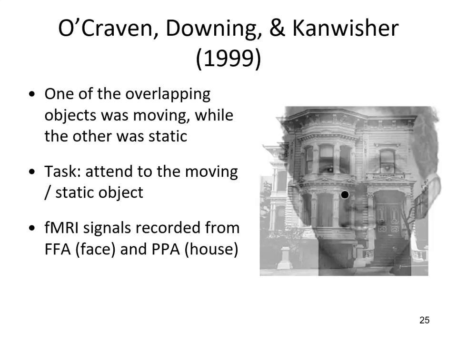So here you have two overlapping objects. Unlike the one in Duncan, they actually use semi-transparency to overlap two objects. As you can see, it's a face and a house.